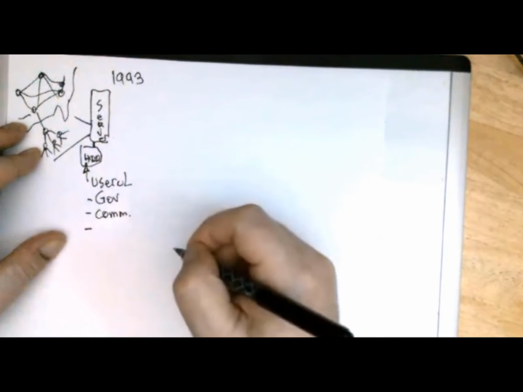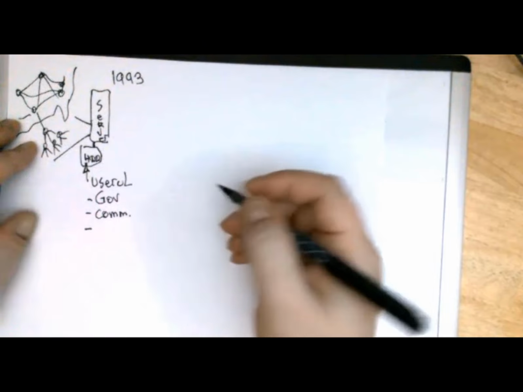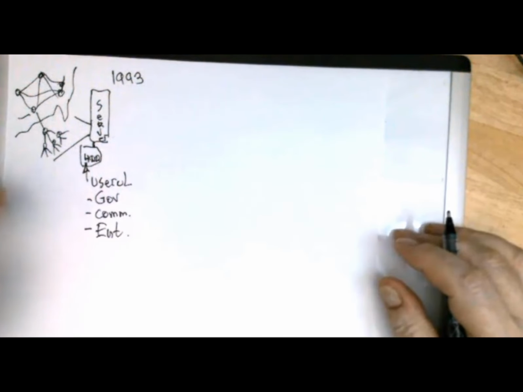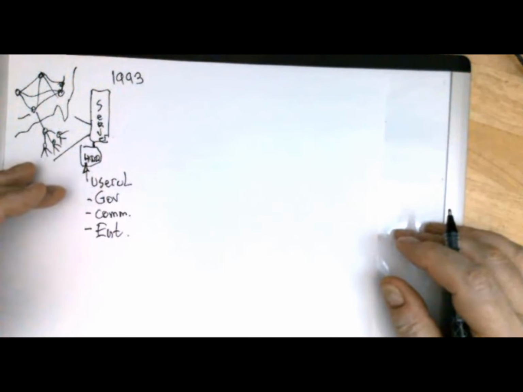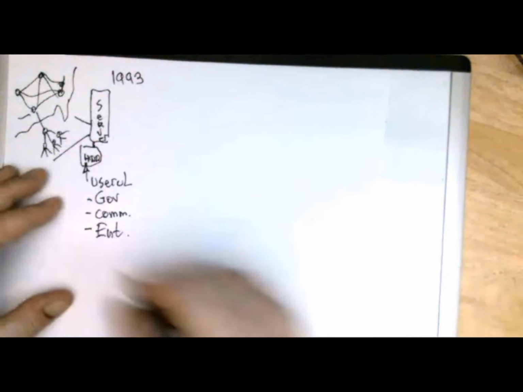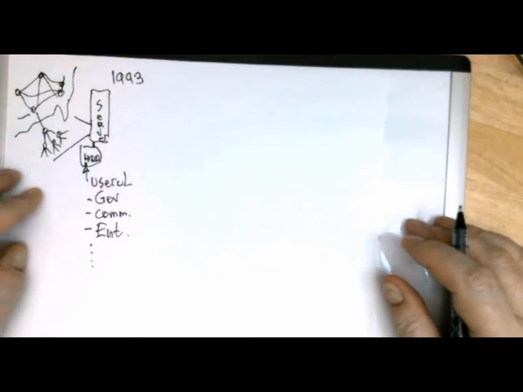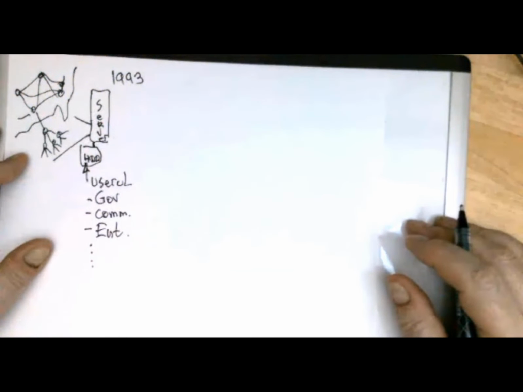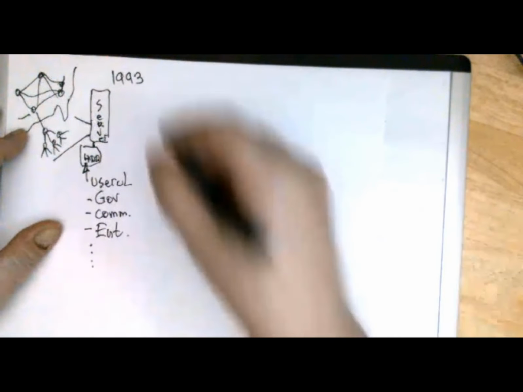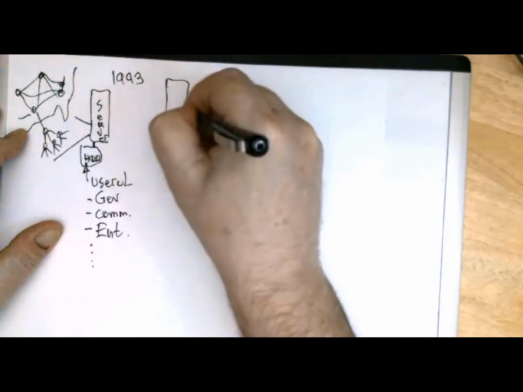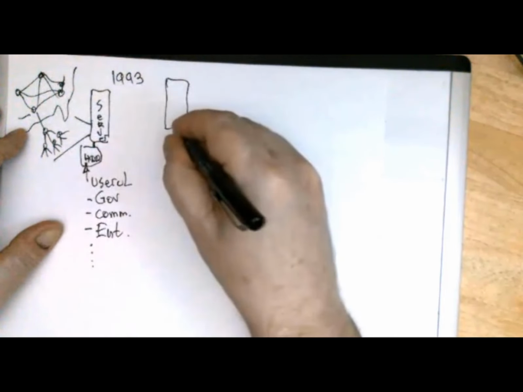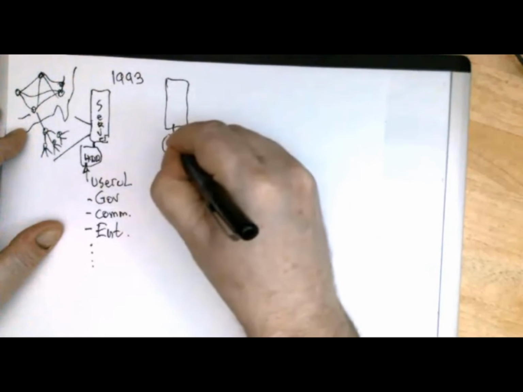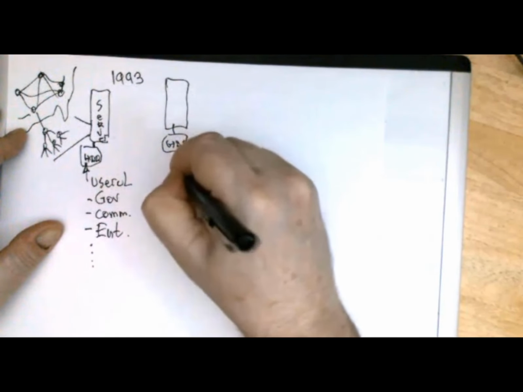Then entertainment information, meaning movies, music, and eventually everything that people need. So we cannot put everything on one server because the information is too huge. But we can use certain information on this server, and certain information on another server.